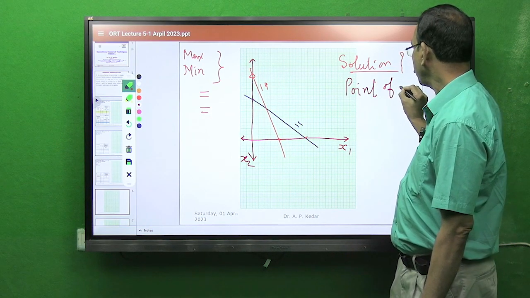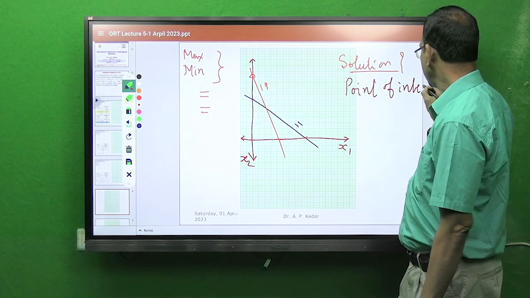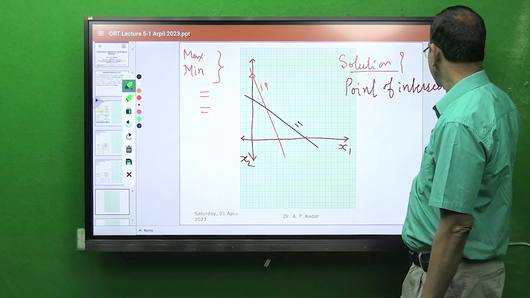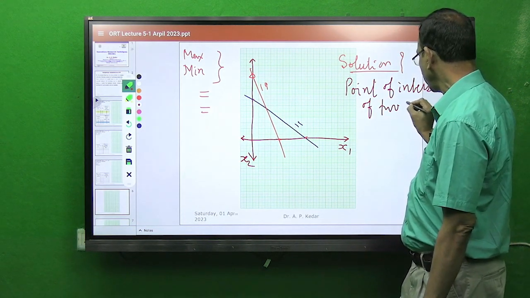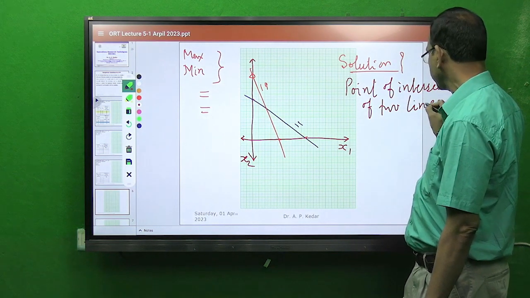It is the point of intersection of 2 lines. This is very important.